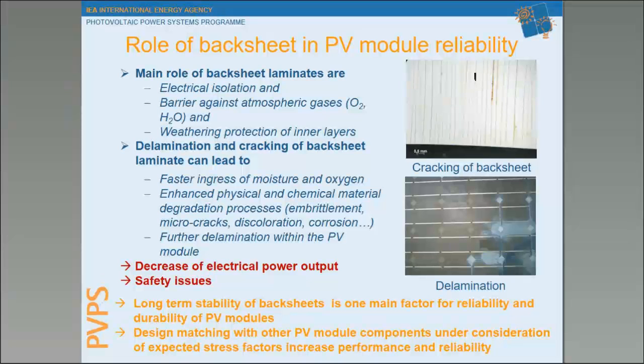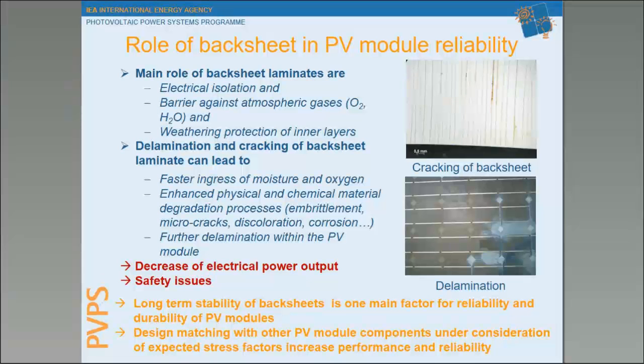The most critical failure mechanism of this backsheet is when it delaminates or when it cracks, and then it leads to a faster ingress of moisture and oxygen into the module. This can enhance physical and chemical material degradation processes, starting with embrittlement, microcracks, discoloration, corrosion, and so on, and also further delamination within the PV module.